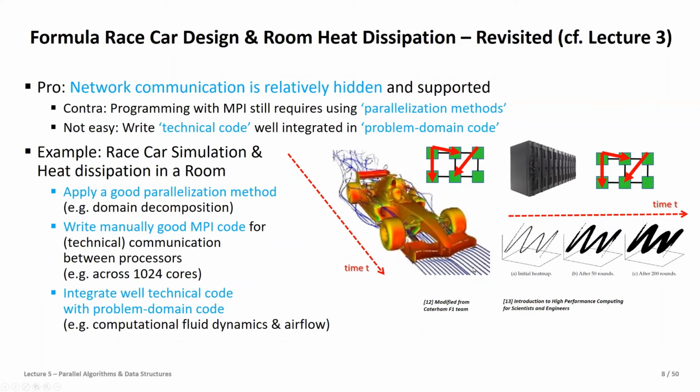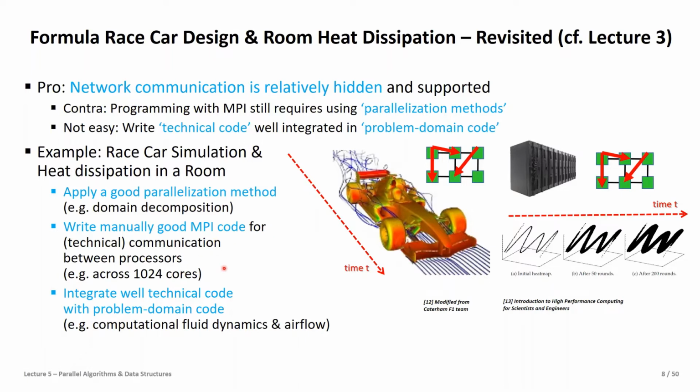So the way how you always do this, and we learned this a little bit in lecture 3, I told you there's always this kind of domain decomposition in the beginning. You have to understand the problem a little bit. That means you want to break down perhaps the air and the race car itself, or different parts of the race car. It is always an application domain oriented idea of how to do domain decomposition. Then you start writing manually good MPI code maybe to break that down.